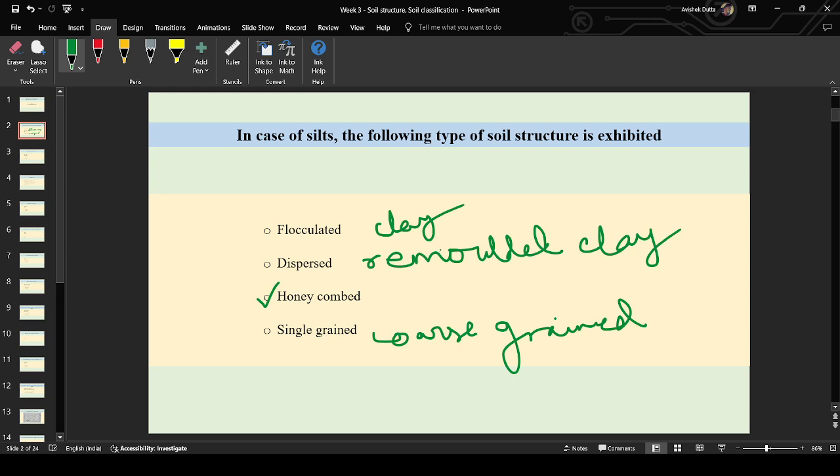There are other soils which show this kind of dispersed or flocculent structure, but among the main types of soil, fine grained soil, coarse grained soil, silts, clay, sand, and gravel, silts show honeycomb structure along with fine sand. Coarse grained soil shows single grain structure. Remolded clay shows dispersed structure, and clay shows flocculated structure. I hope the solution was clear. Next question.